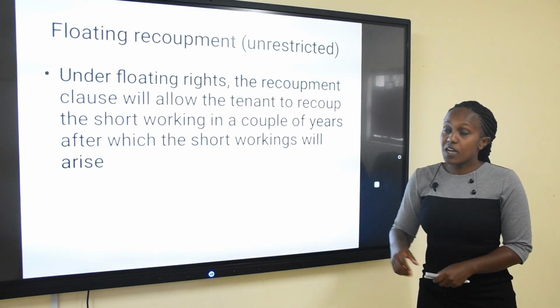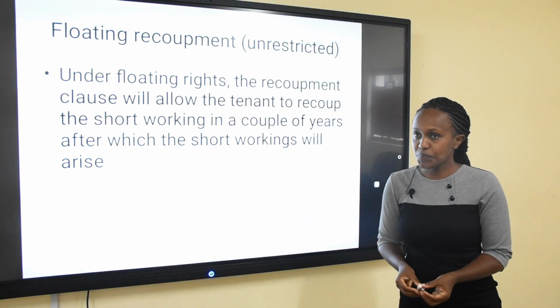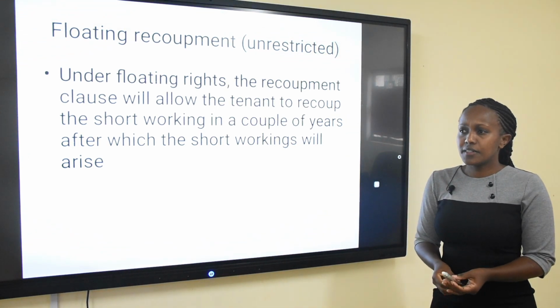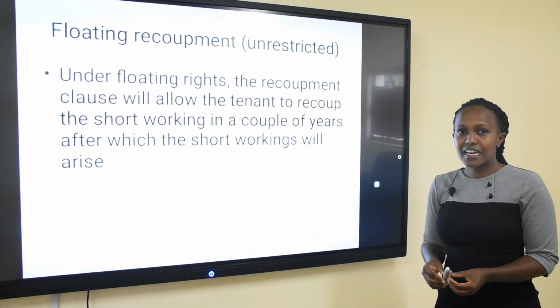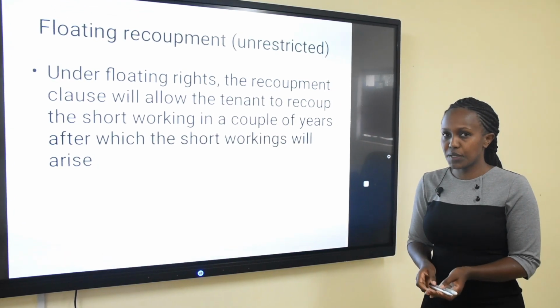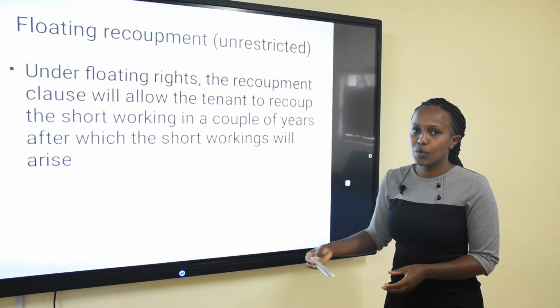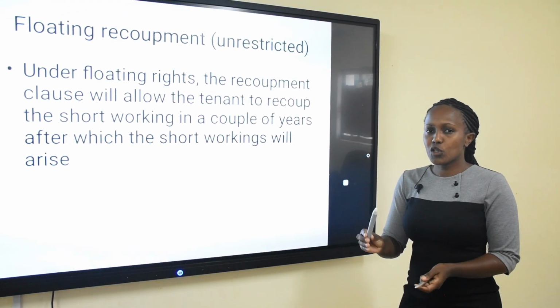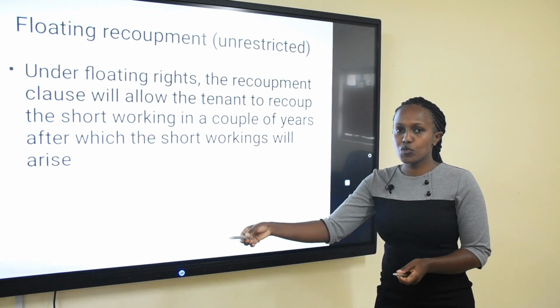The other one would be a floating recoupment or an unrestricted right, where in the first case, if it is totally unrestricted, the tenant can recover any time during the agreement period. But it can also be fluctuating, where the short working of 1 year can be recovered in the next maybe 2 years.